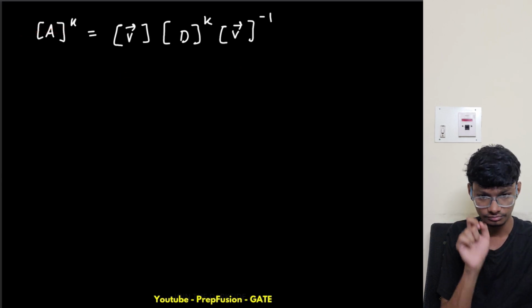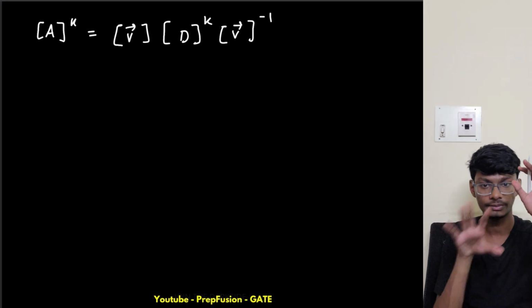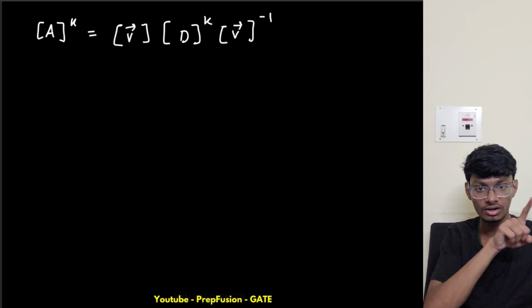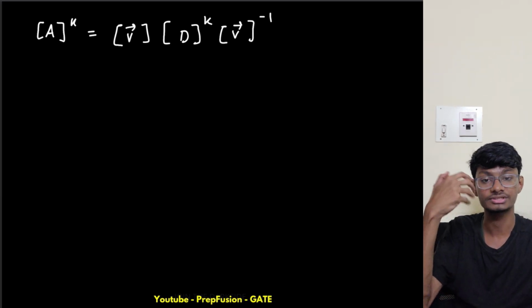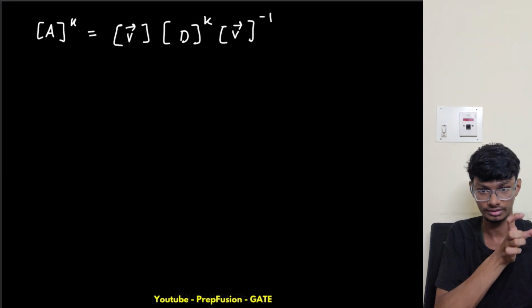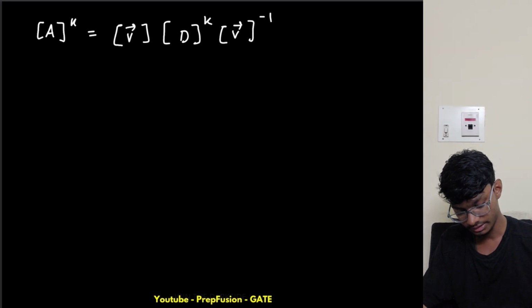The difference is, if we have only a diagonal matrix and the remaining elements are 0, the diagonal elements will just be raised to the power k, and that will be my diagonal matrix D to the power k. Let me take an example.